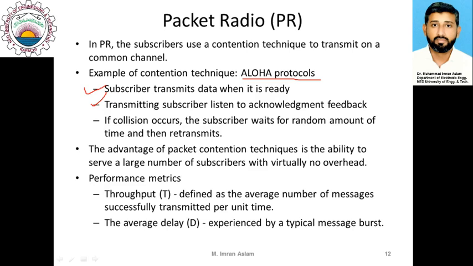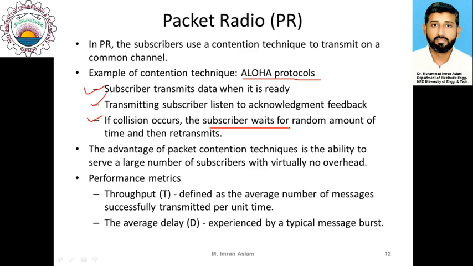If it is acknowledged that the data is correctly received, there is no need for further action. But if it gets a negative acknowledgement, meaning there was a collision during transmission, this subscriber will wait. It will not retransmit the data at the same time, because some other transmitter is transmitting.